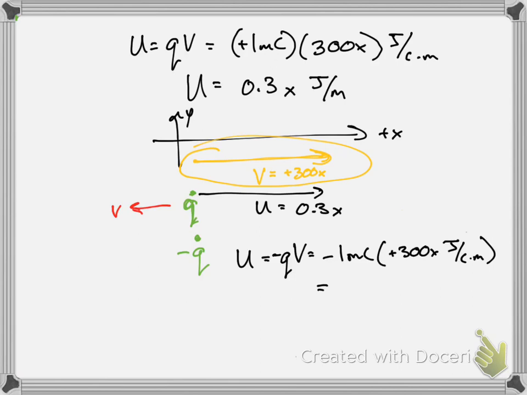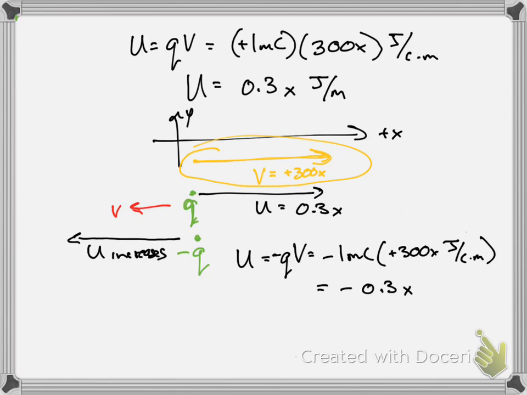And so the potential energy is minus 0.3x. So in what direction does the potential energy of minus Q increase? As we move the minus Q to the left, the potential energy is going to increase, because U goes as minus 0.3x.